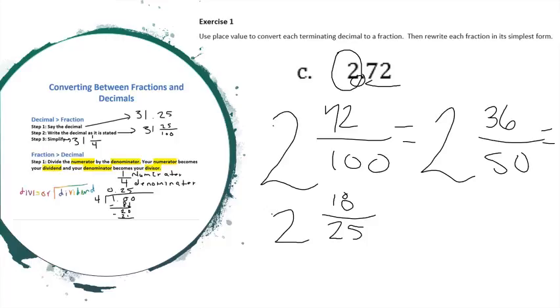Now I look and see, is there any other factor that can go into both 18 and 25? It looks like there isn't. The factors of 18 are 1, 18, 3, 2, 9, 6. The factors of 25, I know I have 5 and 5. So there are no common factors, so I know I cannot simplify anymore. My answer is 2 and 18/25.